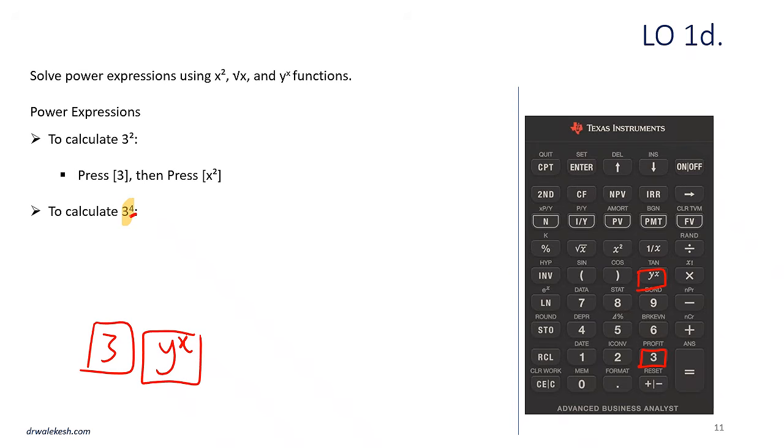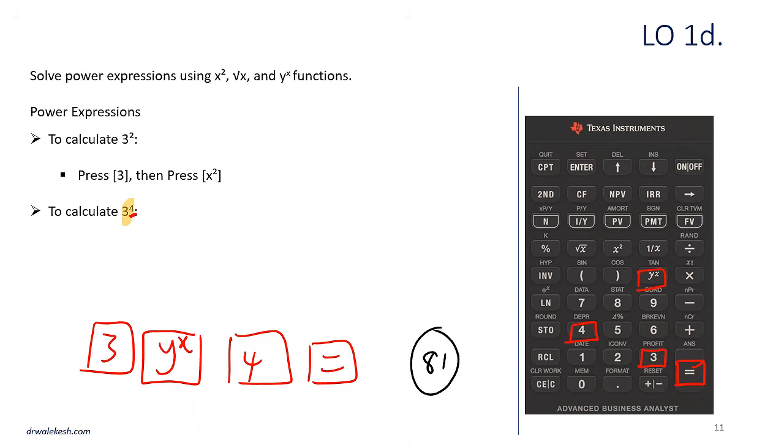Since what we have here is raised to power 4, then you would press 4. 4 is here, but we are not done yet. You will now press this key, the equal to sign key. I expect you to get 81 as your answer.